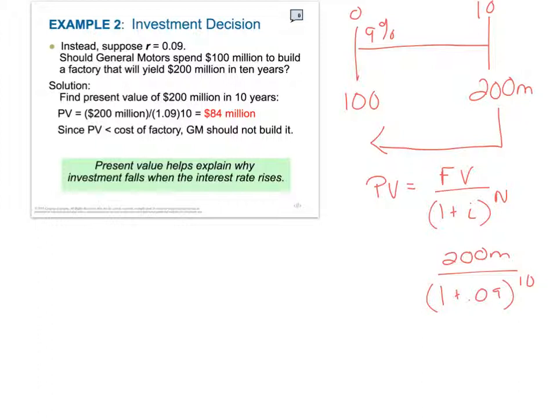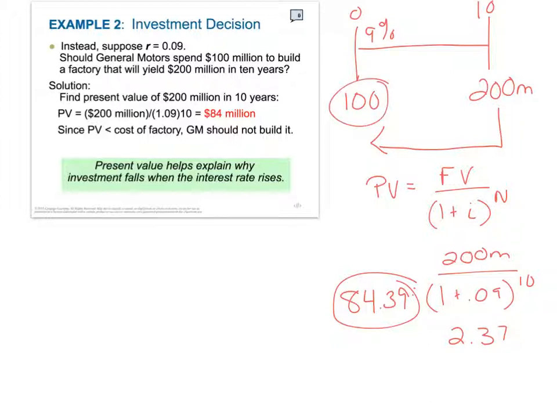When I take 1.09 and hit the y to the x key, 10th power, that gives me 2.37. And then I'm going to put in 200 and divide that by 2.37. And I end up with a present value of 84.39. Well, which would I rather have, 84.39 or 100 million?